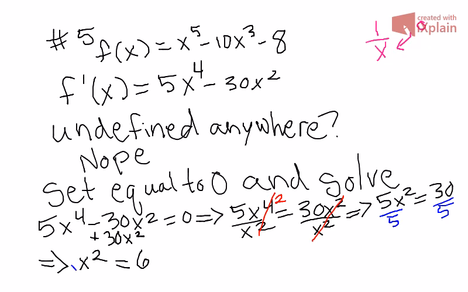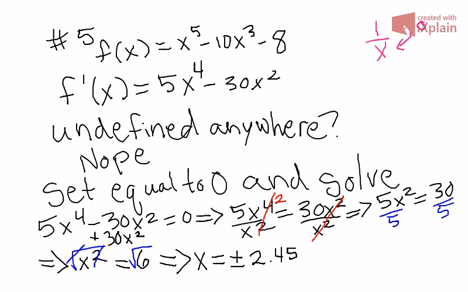So we get x squared equals 6 after dividing by 5. Take the square root of both sides to get rid of the square, so we just have x. And we get x equals the square root of 6, and we do plus or minus, because whenever you take the square root of something, it can be either the positive or the negative.